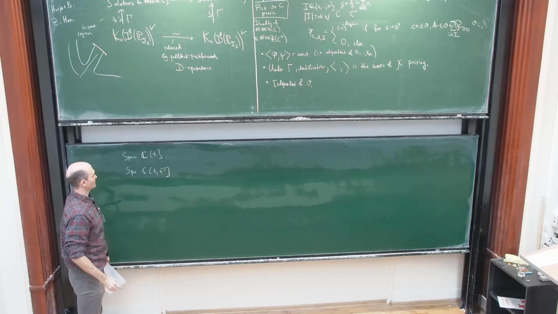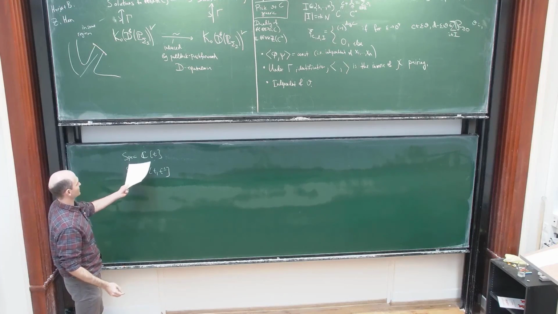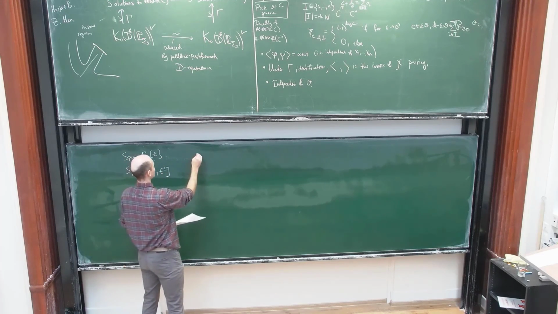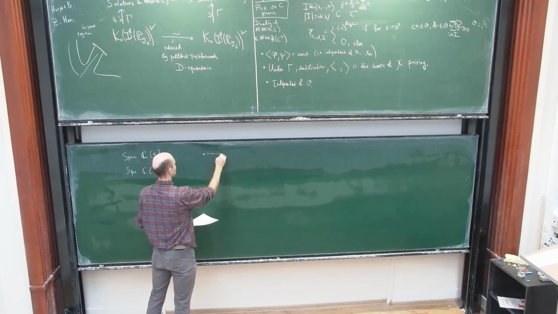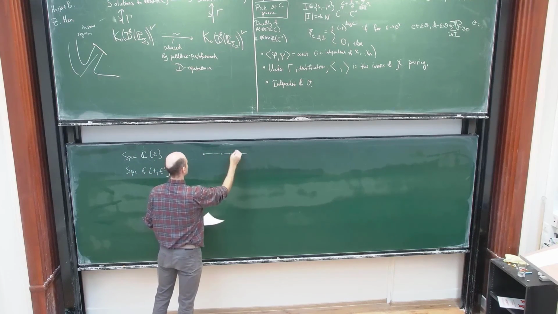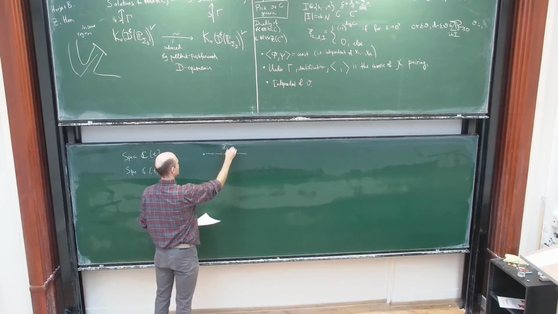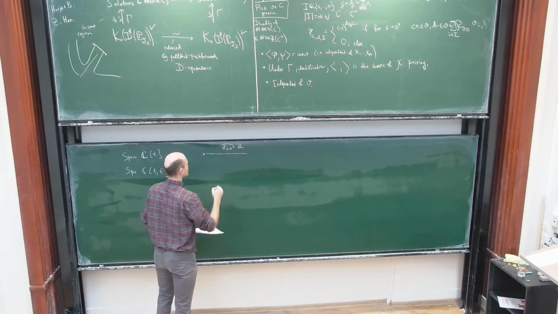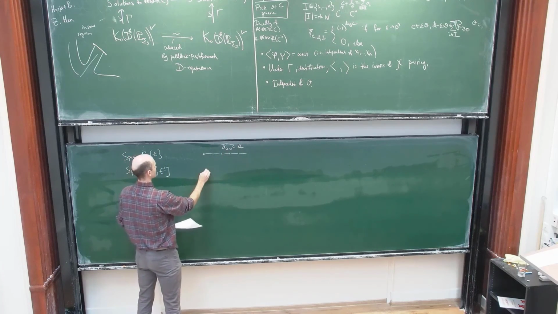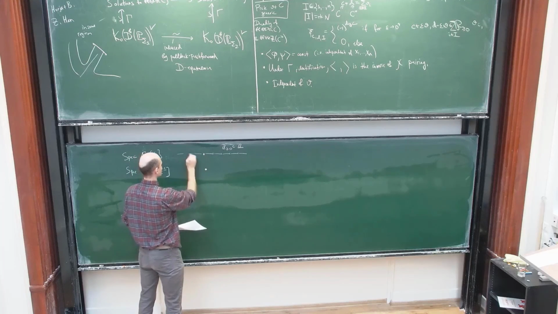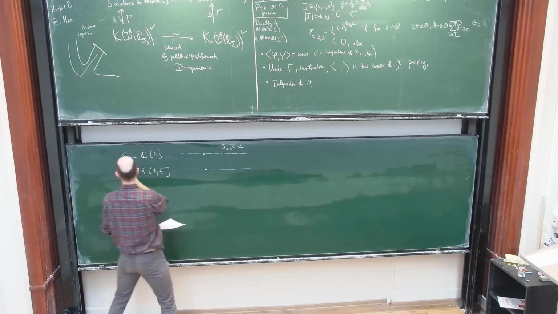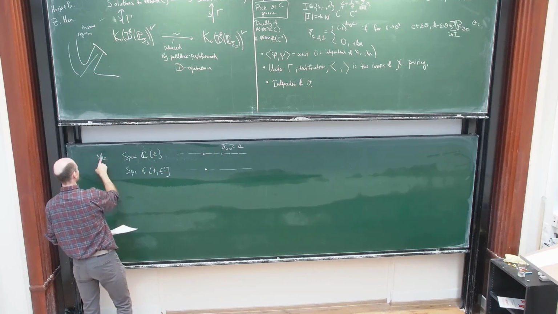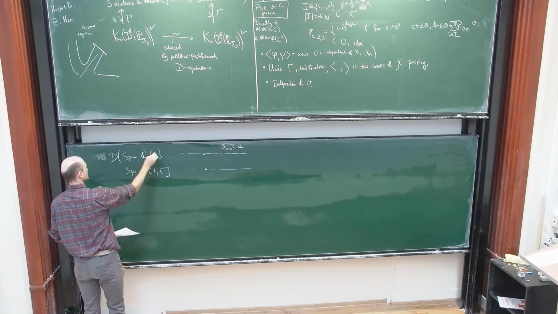So I have to associate to Spec of C[t] something like this, Z greater or equal than 0 in Z, and to Spec of C[t, t inverse], I have to associate, not just, but d of this.